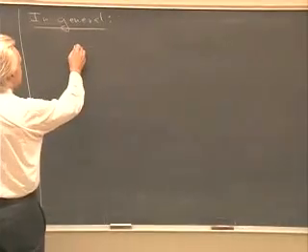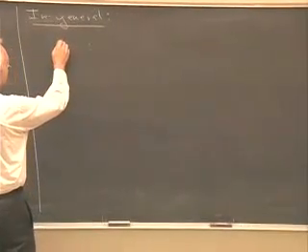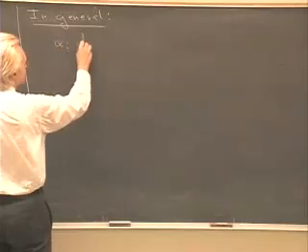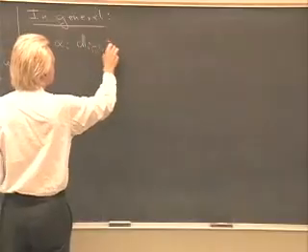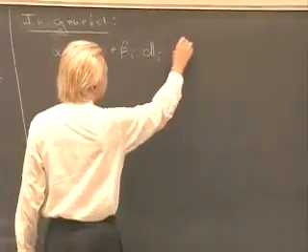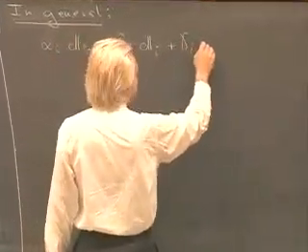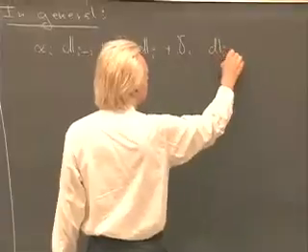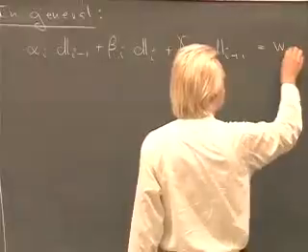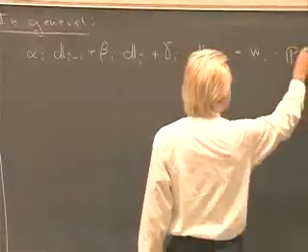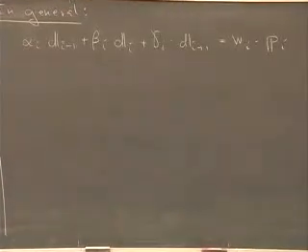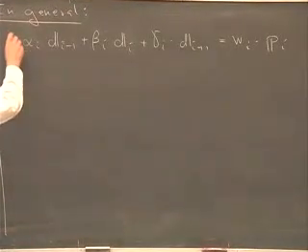We had something that I called an alpha i value times a point d i minus 1, plus a beta i value times d i, plus a gamma i value times d i plus 1. And on the right-hand side, I had some kind of weight i times the point that is given there, point i. That was a general form of a single condition for one junction.